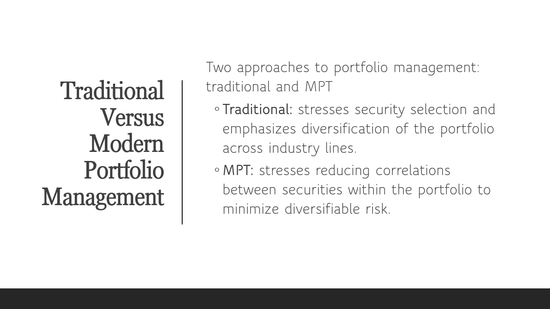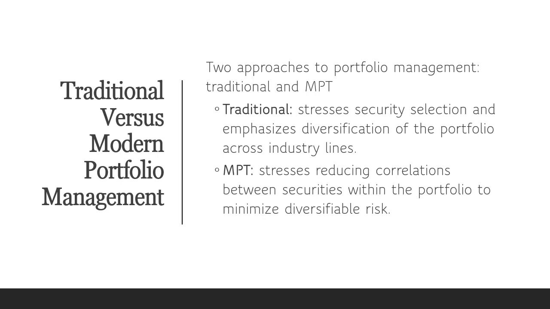Before we end this chapter, let us recall the two approaches of portfolio management. By now, you should understand that the traditional approach stresses security selection and emphasizes diversification of the portfolio across industry lines, whereas the modern approach stresses reducing correlations between securities within the portfolio to minimize diversifiable risk.